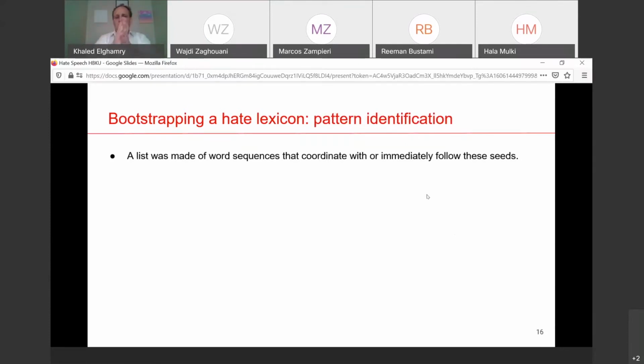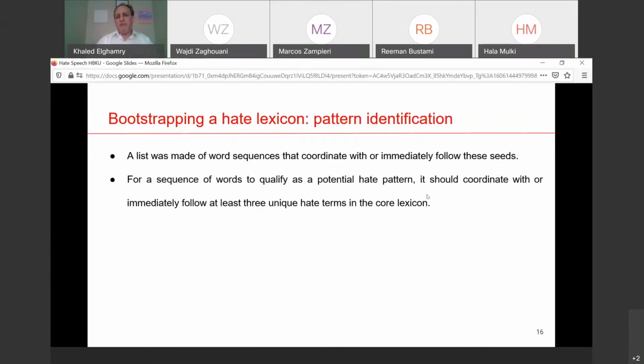In addition to the single-word hate speech terms, a list was made of word sequences that coordinate with or immediately follow these seeds. So I'm trying to find, in addition to single words, multiword expressions or sequence patterns that are used to express hate.